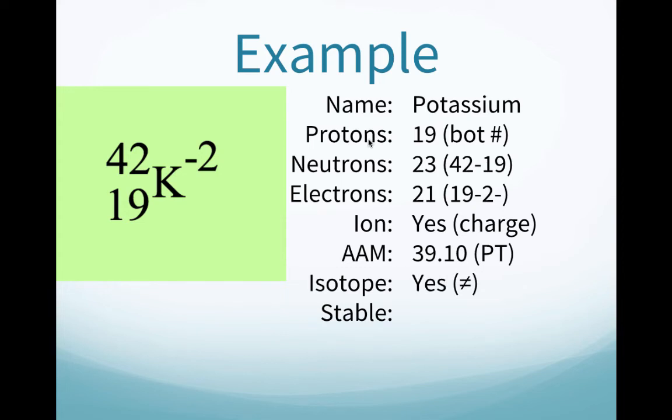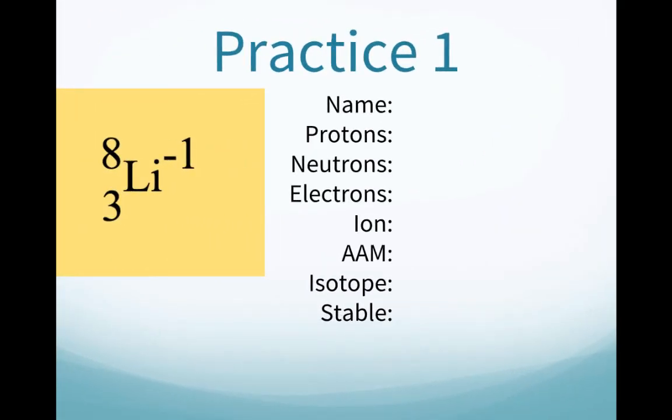Yes, it is, because they're not the same. They are different. So is it stable? No, it's not, because it is an ion and an isotope. Practice problem 1. Write it down, pause the video, see if you can do it on your own, and then come back and check.